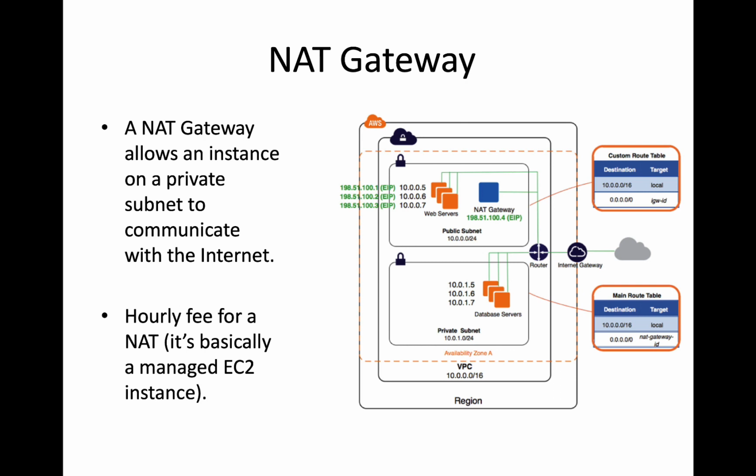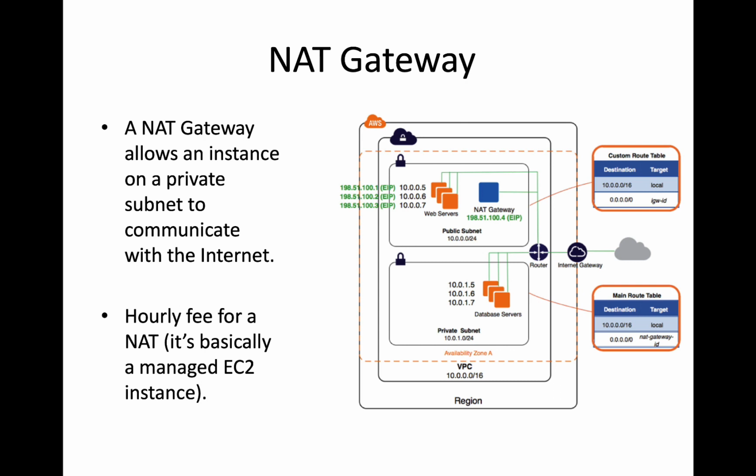Well, the EC2 instance isn't going to be able to communicate with the internet on its own. The EC2 instance needs some help in order to communicate with the internet.